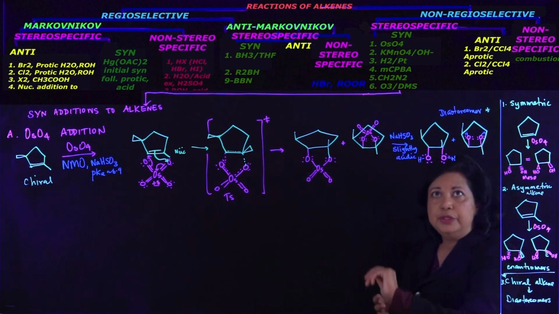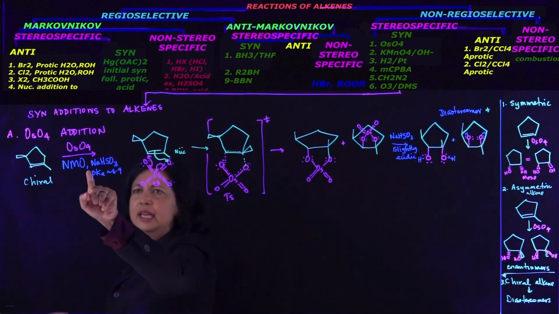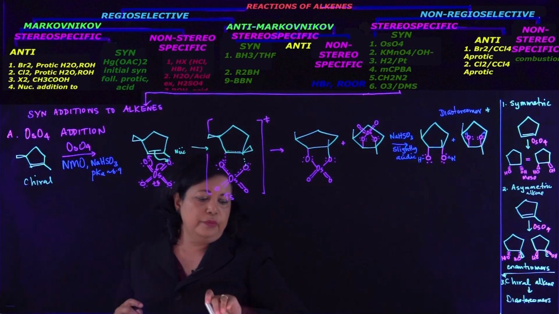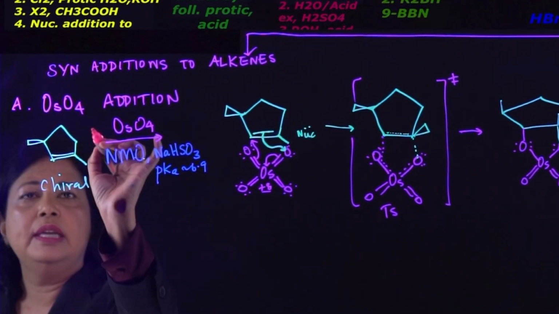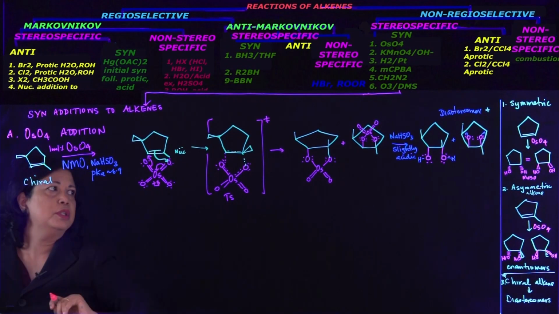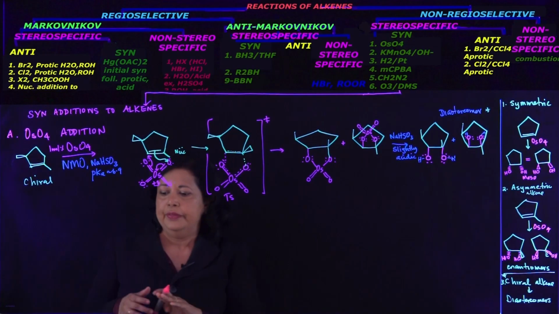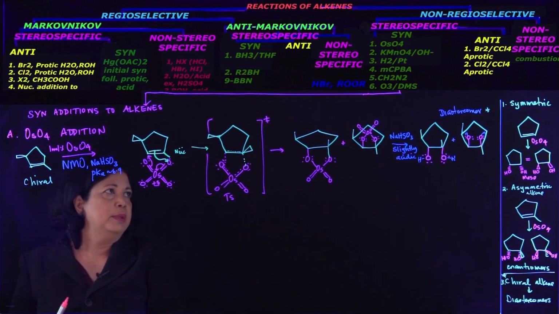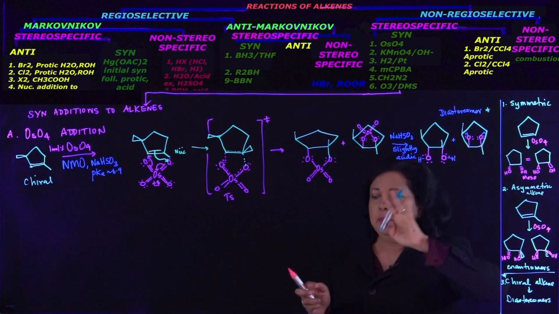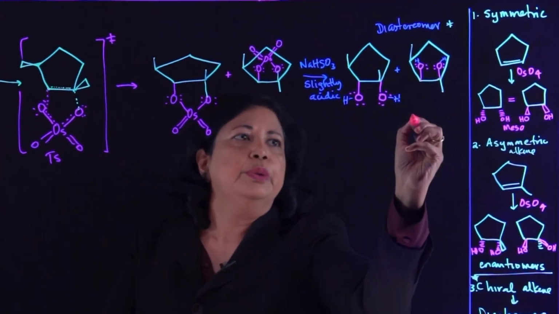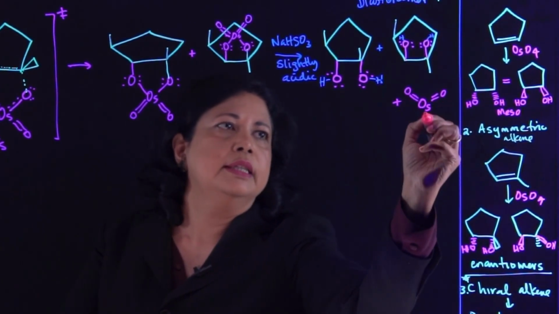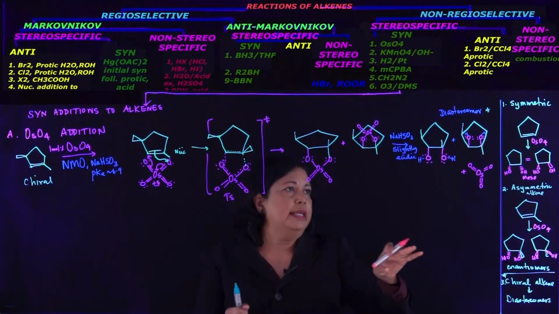All right, now that you got this, well, what's this NMO doing here? Do we need this guy? Yes, because osmium is one of those rare earth metals, so you can't really dump 1 to 1. You put a 1 mole % of this. Once you put a 1 mole % of that, that regenerates the osmium. So after your workup, you are going to get osmium breaking down into an osmium trioxide here. So that means it kind of got degraded.